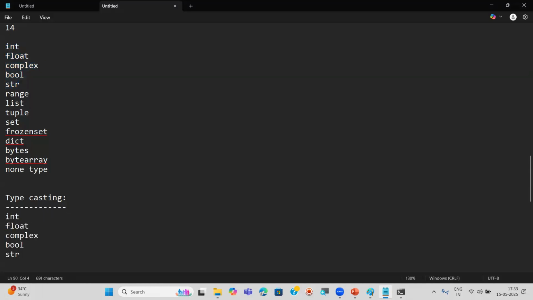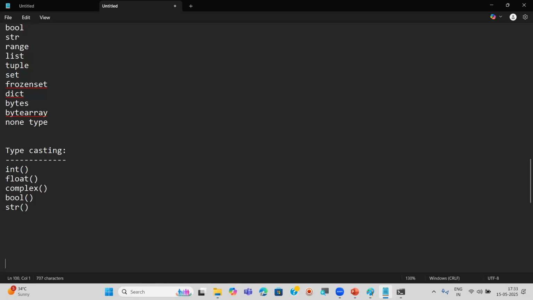For int, there is an int function. For float, there is a float function. For complex, there is a complex function. Same way, the bool function and also the str function. We can use these data types as functions like this.